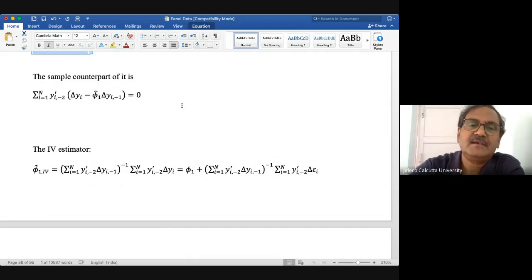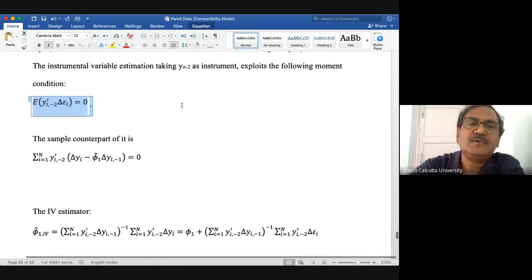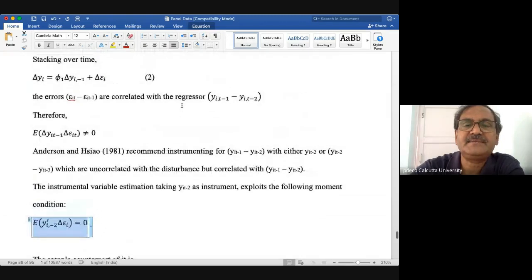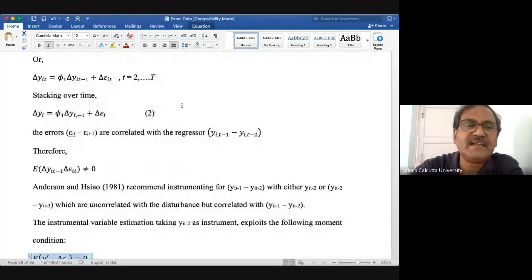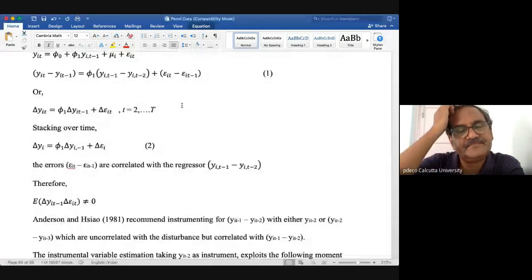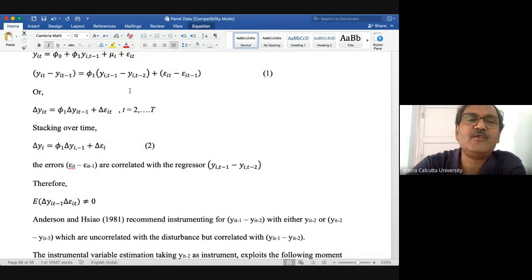But if you think at this stage, there may be several instruments you can consider. That is, any value of y taking from t minus 2 backwards, all are correlated to this regressor and not correlated to this error.